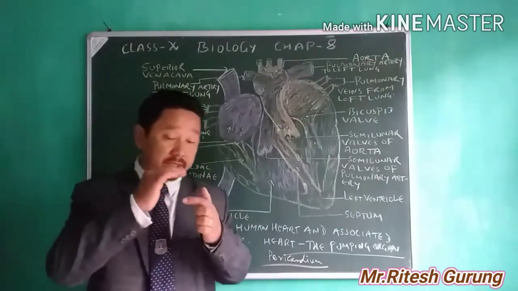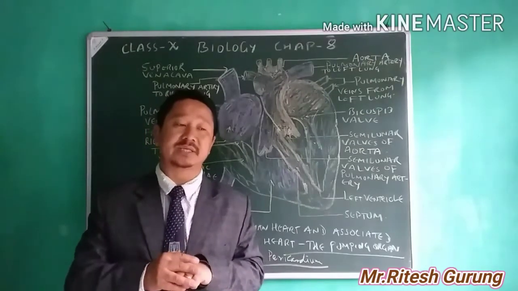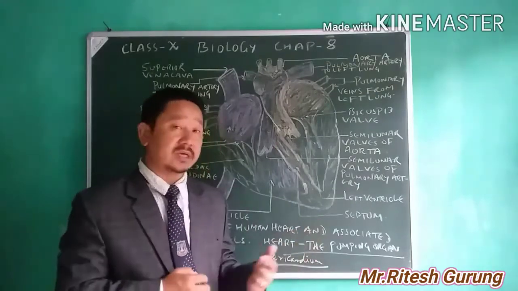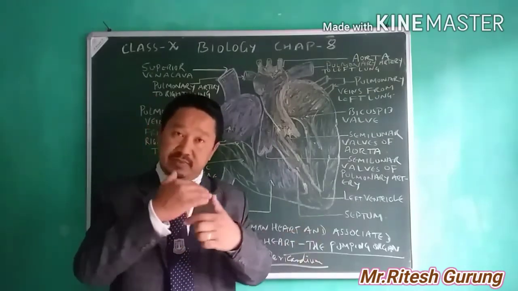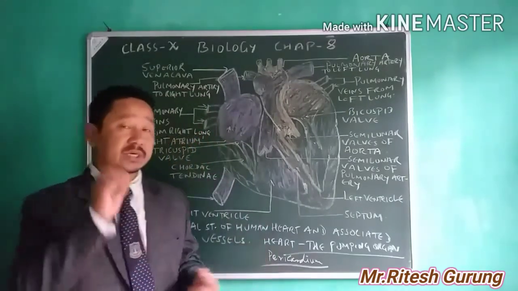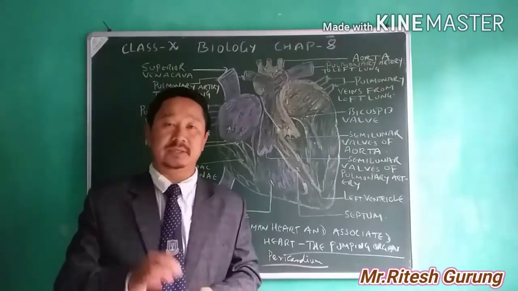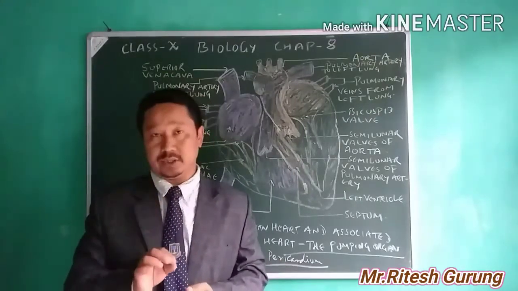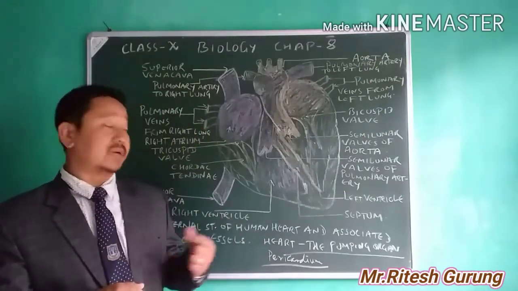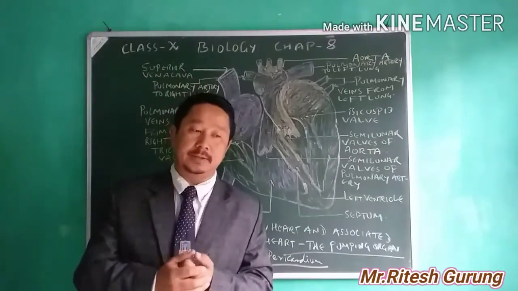In between these two coverings there is a fluid substance to avoid friction during the contraction of the heart. There is every chance of friction between these two coverings of the heart, so to avoid it there is a fluid called pericardial fluid, which you find between the two membranes of the pericardium.